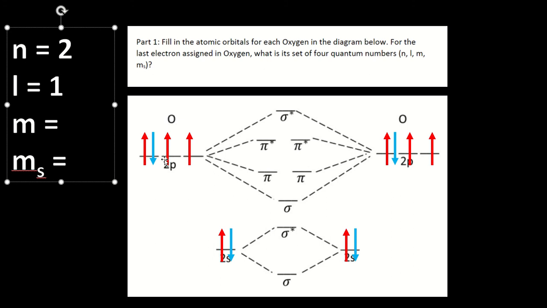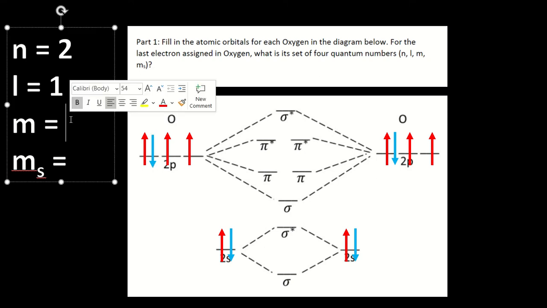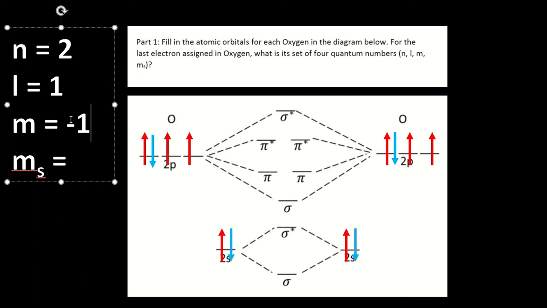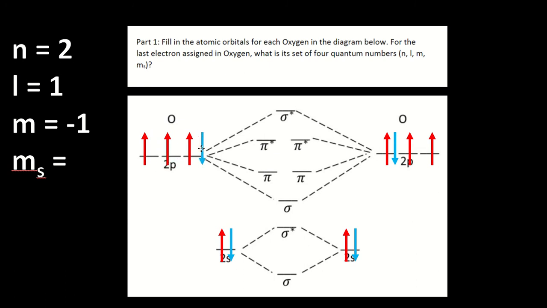Since the final electron was placed into the leftmost orbital, that has a magnetic quantum number of -1. So m would be -1 for electrons in the leftmost p orbital, then 0, then +1. The final electron we put in went into the leftmost p orbital, and therefore its m quantum number is -1.